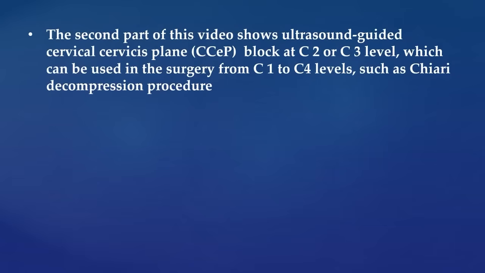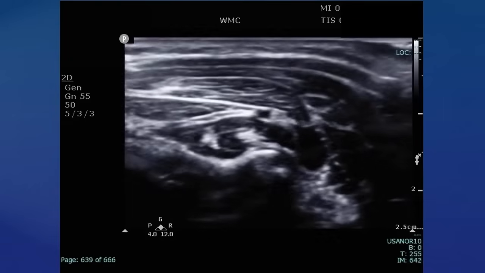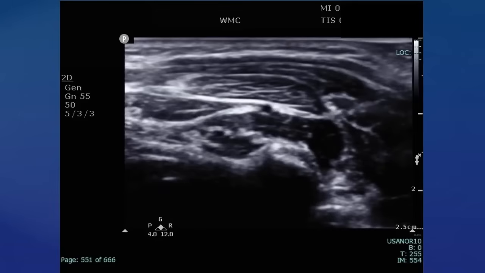The second part of this video shows an ultrasound-guided cervical cervicis plane block at the C2 or C3 level, which can be used in surgery from C1 to C4 level, such as Chiari decompression procedure. This video demonstrates the ultrasound probe scanning from C3 to C2 level.